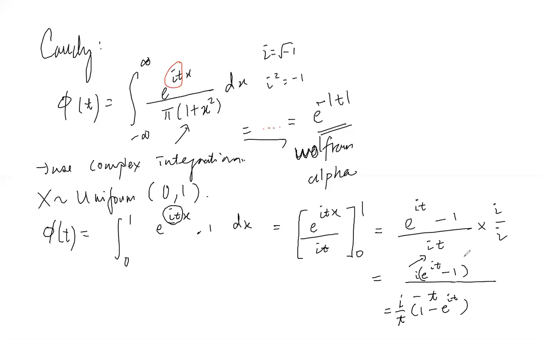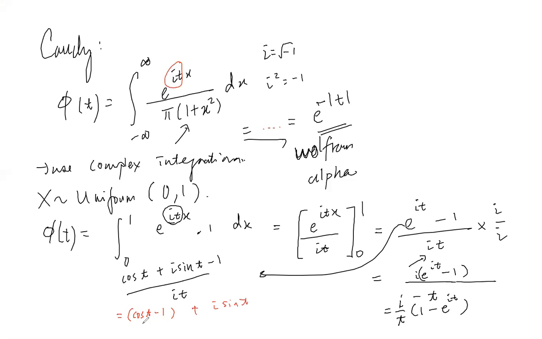Okay, still this can have some other expressions, such as you can write it in terms of trigonometric functions. So that will be cos t plus i sin t minus 1 over it. So you can write this as, the real part will be cos t minus 1 plus i sin t, over it.